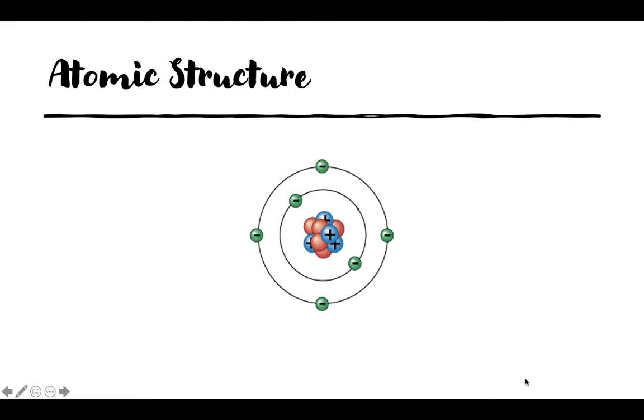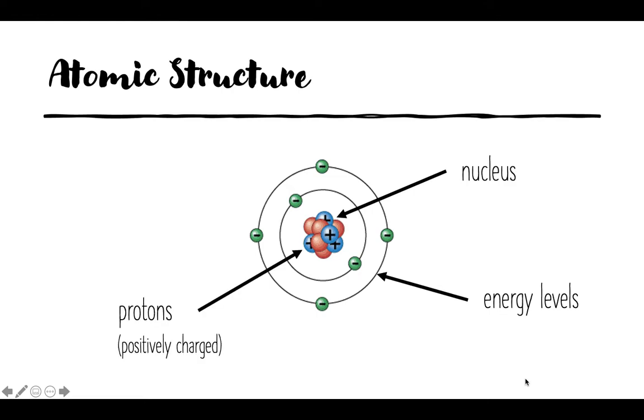An atom has two distinct areas. It has a nucleus in the centre and it has energy levels around the outside. Inside the nucleus, we have positively charged protons, and we also have neutrons which have no charge. We can describe neutrons as neutral.